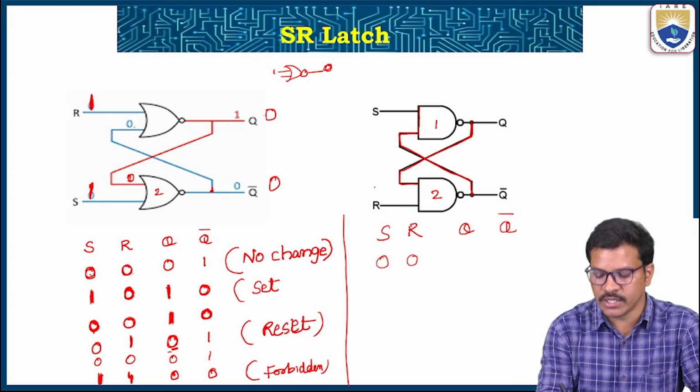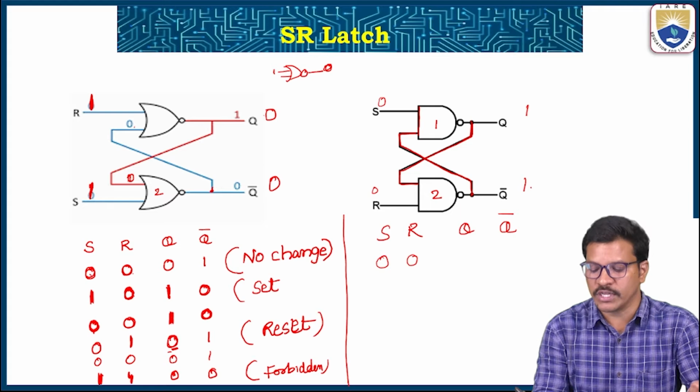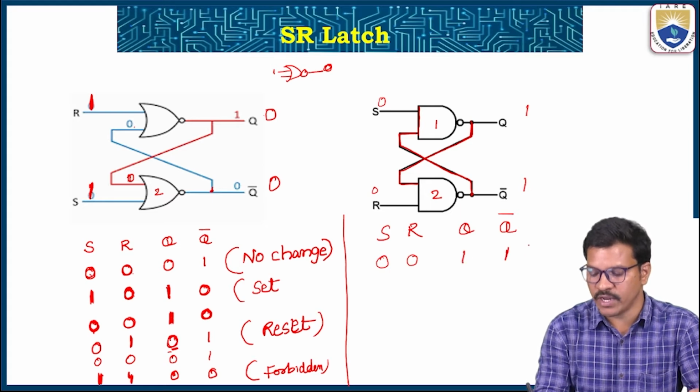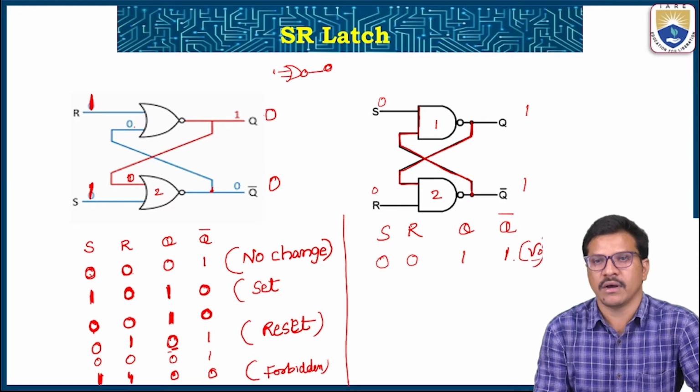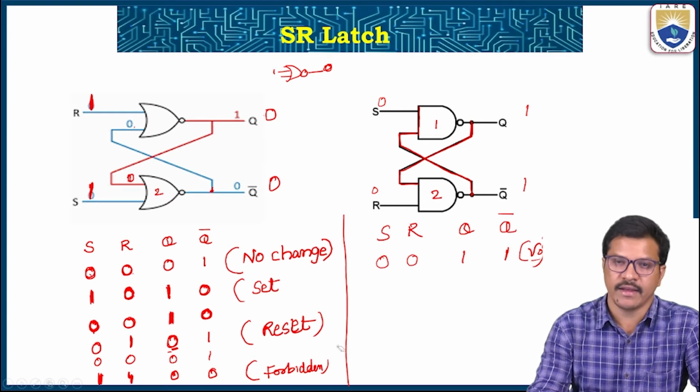When S and R are 0, we know that for a NAND gate, if any one input is 0, immediately we can say the output is 1 without analyzing, without assumption. The output is 1, 1, so it is a violation of this latch operation. So that's why we can't apply 0, 0 in the NAND latch.